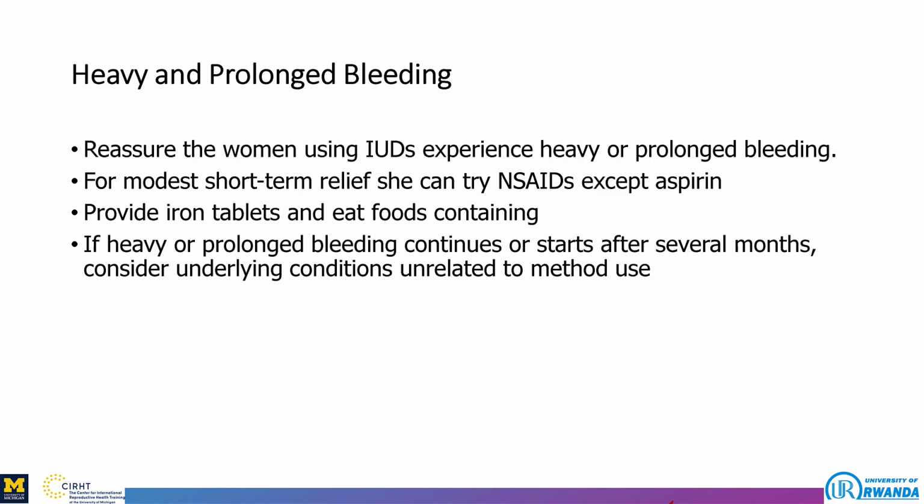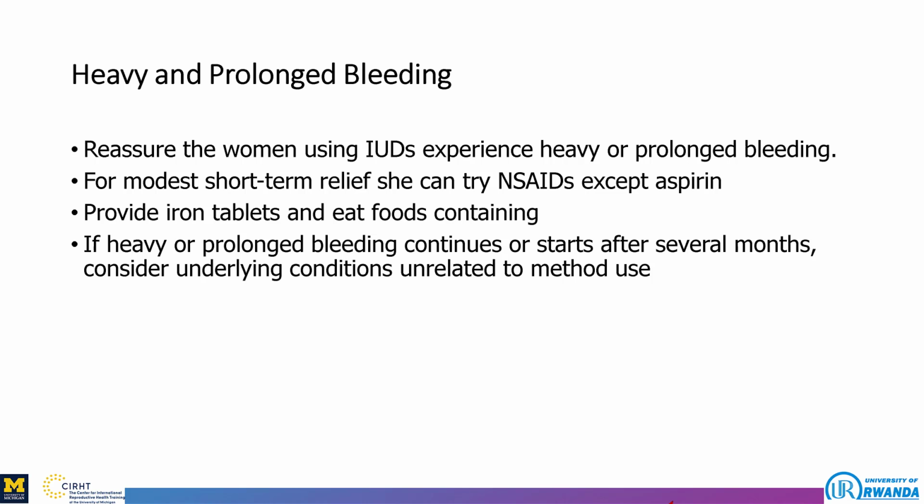Then for modest short-term relief, she can try non-steroidal anti-inflammatory drugs, but not aspirin. Then we can provide iron tablets, because if the woman is experiencing heavy prolonged bleeding, that means she's losing a lot of iron, and then of course that may lead to anemia.